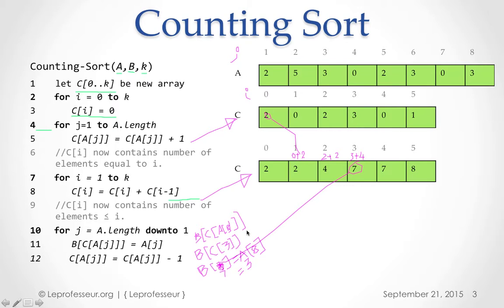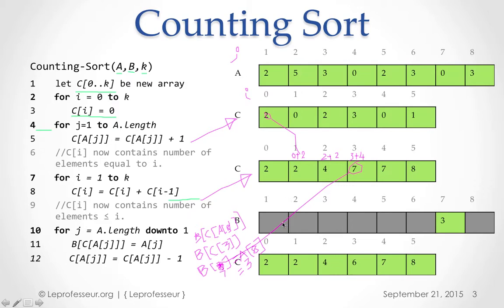How we can see pictorially is this way. Initially B doesn't have anything. Now you have got the position of 3 in the sorted array, which is 7, and you have decremented one value, okay.